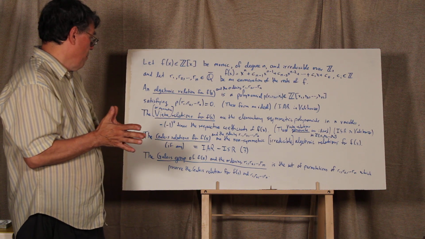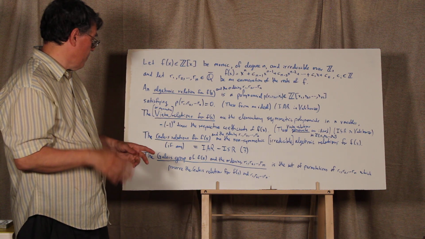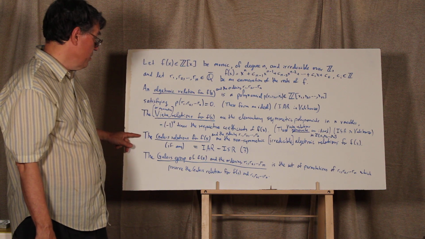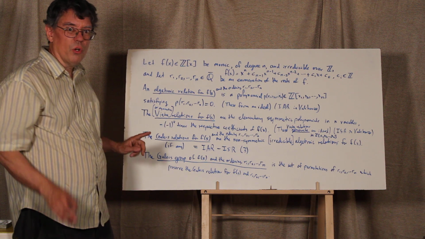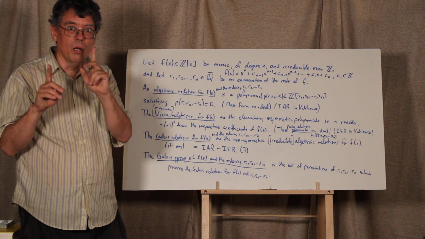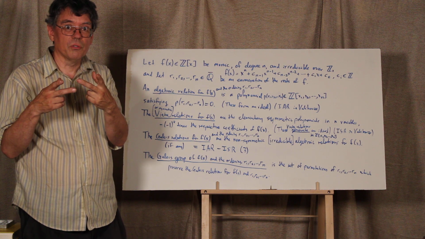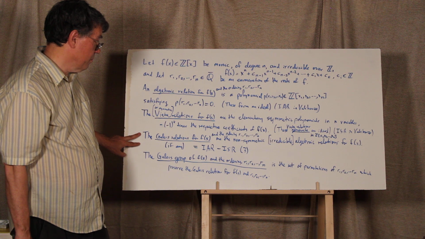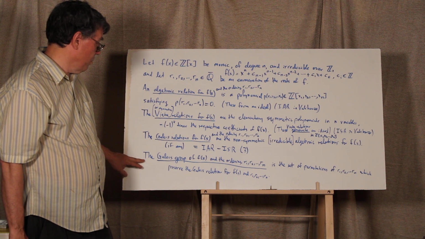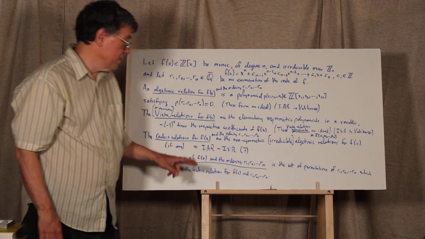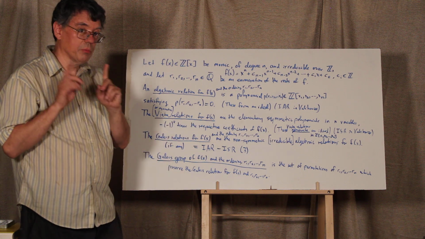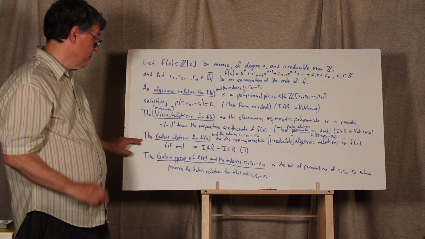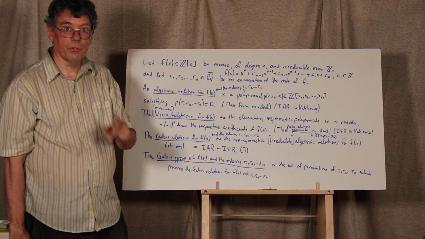However, if we have non-symmetric relations, we are no longer allowed to permute the variables any way we please. We have to respect the structure of these non-symmetric relations. So the Galois group of f is the set of permutations of the roots which preserve the Galois relations for f and the given ordering of the roots.